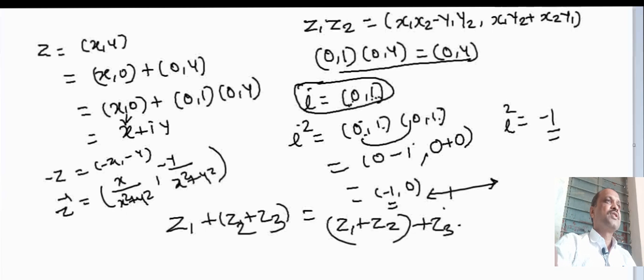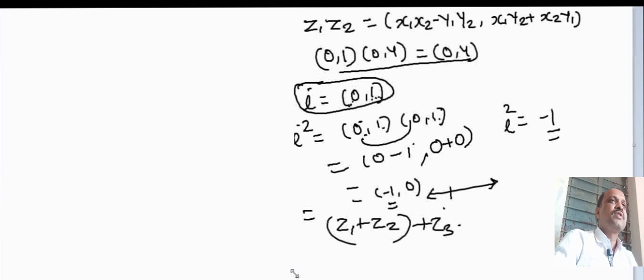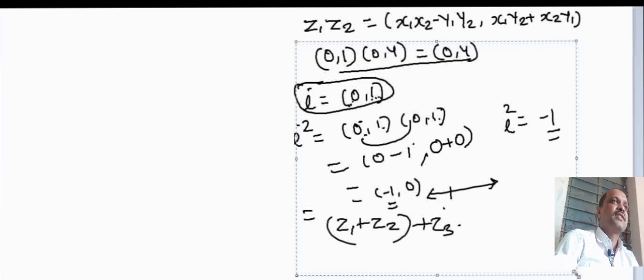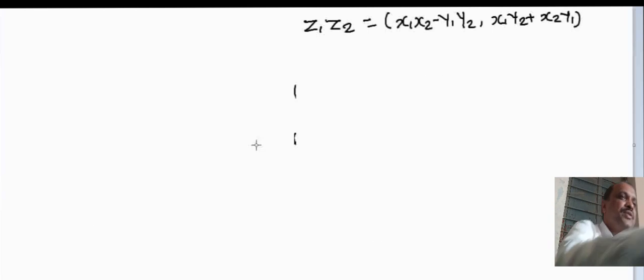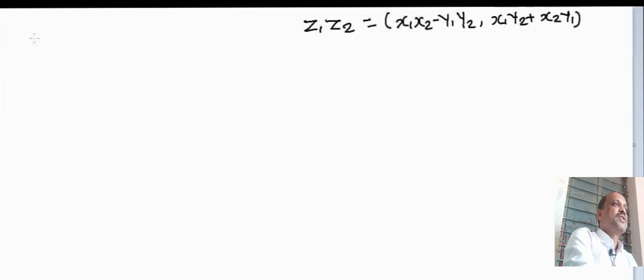Let us prove this distributive property. For that, we consider three complex numbers, which we denote by z1, z2, z3, and take them as z1 equal to (x1, y1), z2 equal to (x2, y2), and z3 equal to (x3, y3).